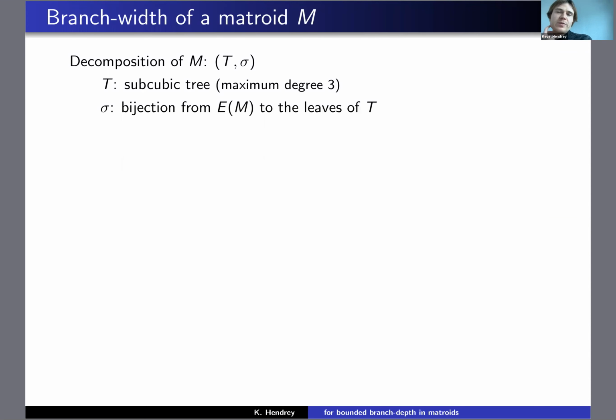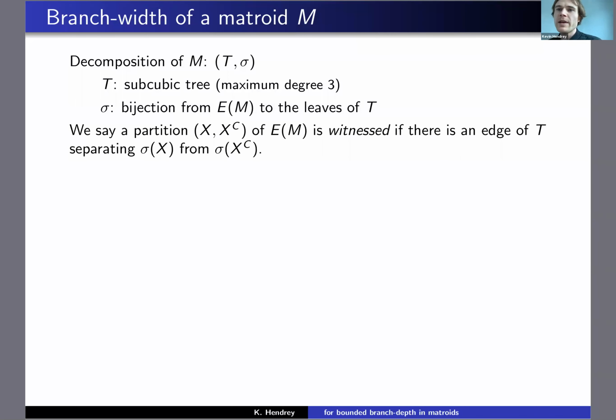I'm going to define the branch depth of a matroid, and I'll start by defining the branch width of a matroid. So we say that a decomposition of a matroid consists of an arbitrary subcubic tree, so maximum degree at most 3, and a bijection from the ground set of the matroid to the leaves of the tree.